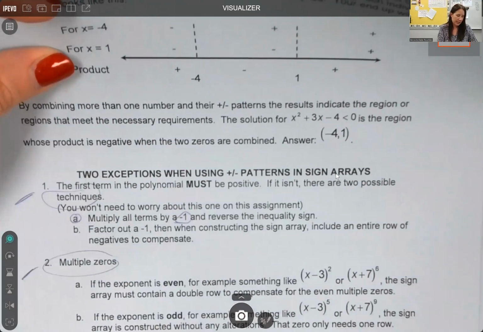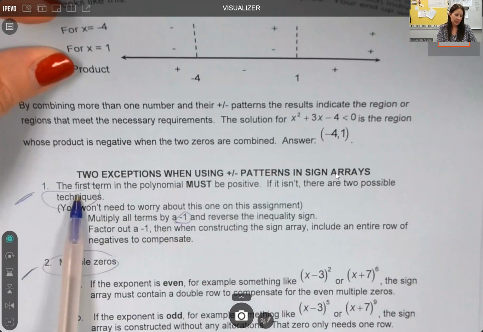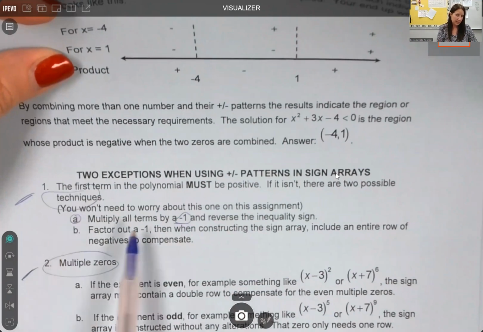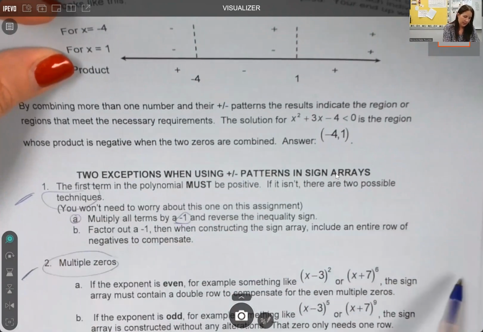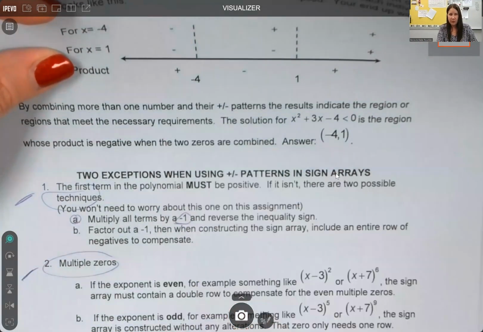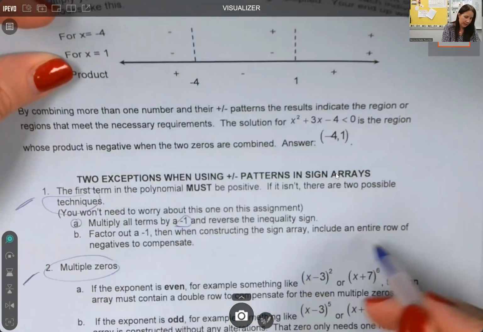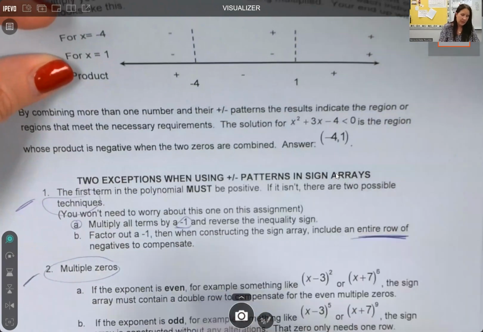And if that first term is a negative, then we would have to do an extra row of negatives, okay? This is asking you to divide everything by a -1, which would make you change the sign at the end. I think it's easier to just add a -1 right here. Add an entire row of negatives.